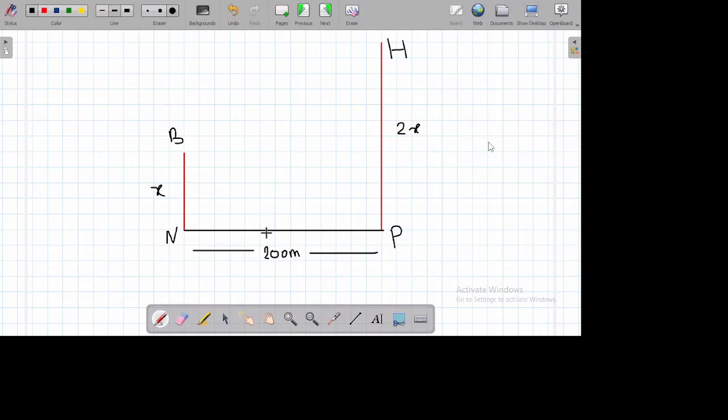Okay, one is x, one is 2x. Now from the midpoint, so let's say Desan is here. I'll write here Desan, D, and Desan is in the middle. So this will be 100 meter and this will be 100 meter, because the distance between the two lampposts is 200 meter.